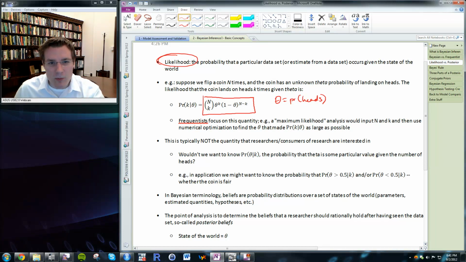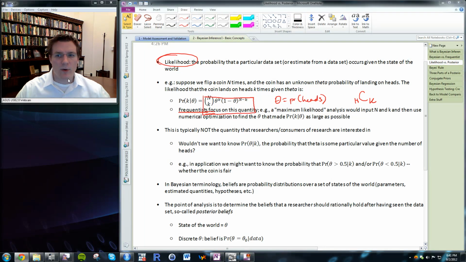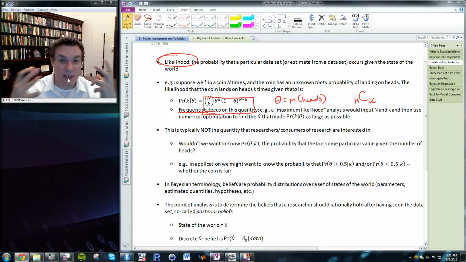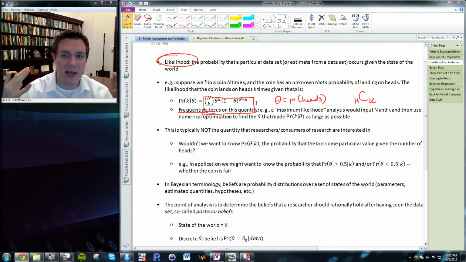And then we have to pre-multiply by this binomial coefficient, which is n choose k. Right, so n choose k, what this binomial coefficient tells you, is the number of different ways I could choose k things out of a set of n elements.